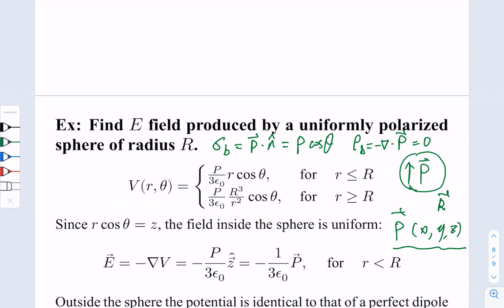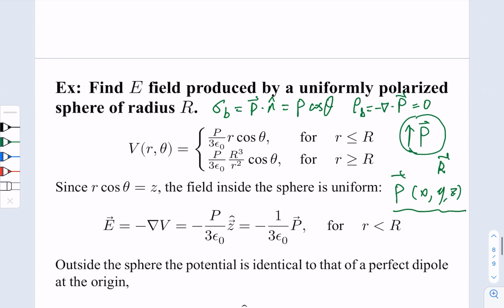Now you can calculate the E field from this potential. And if we calculate the E field within this sphere, it turns out to be directly proportional to this polarization vector P.